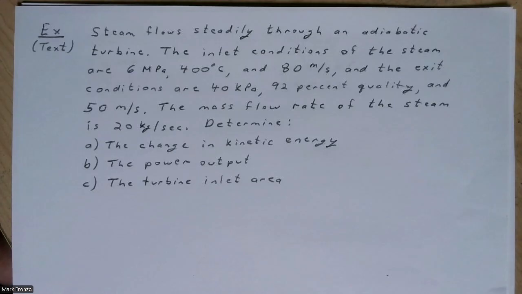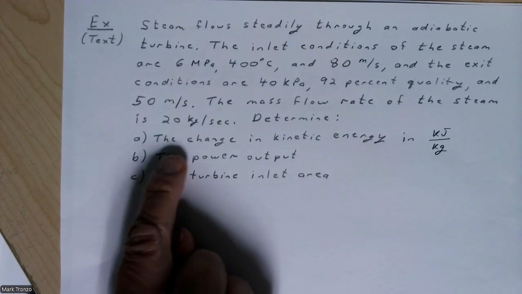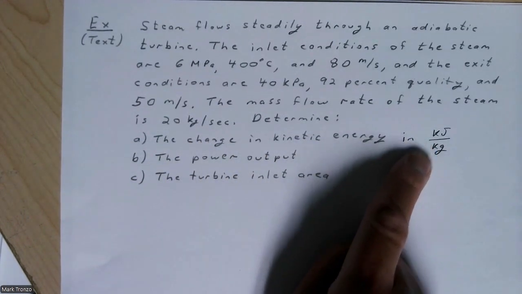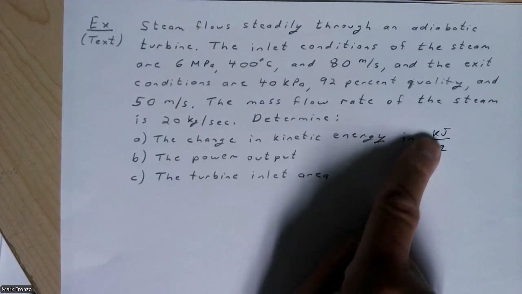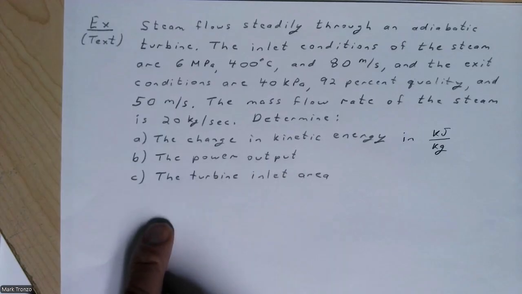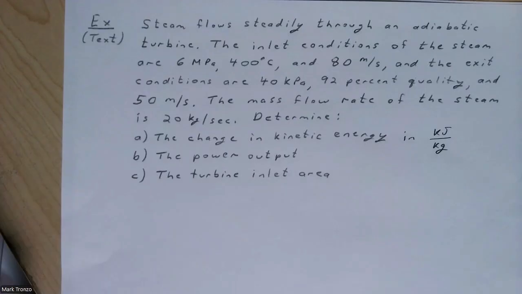The mass flow rate of the steam is 20 kilograms per second. We're going to find the change in kinetic energy, which is going to be in kilojoules per kilogram. We're going to find the power output and the turbine inlet area.